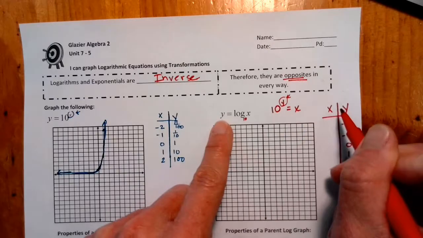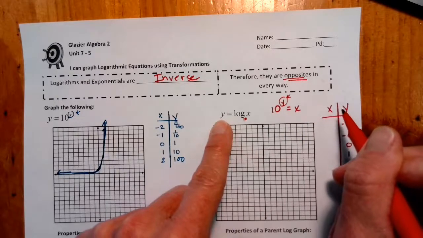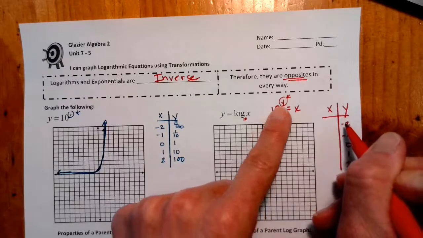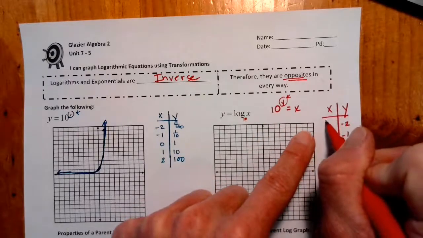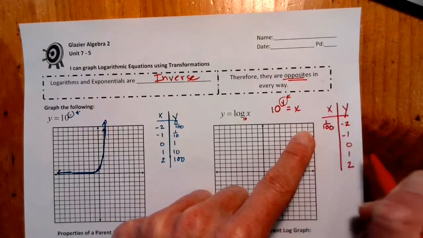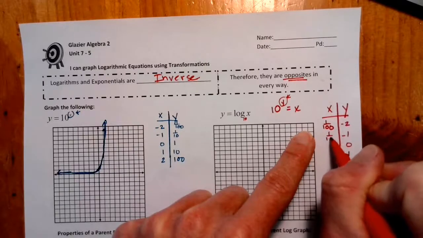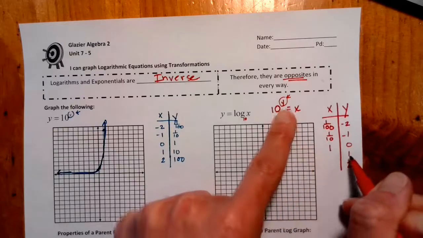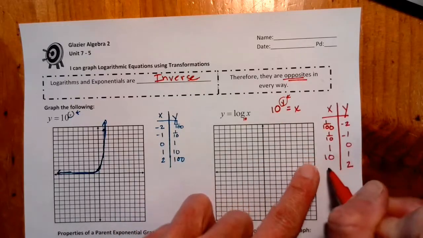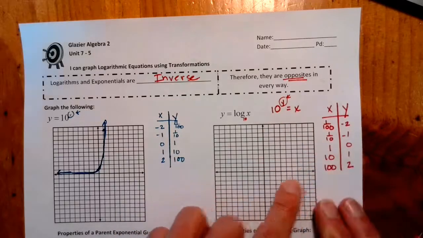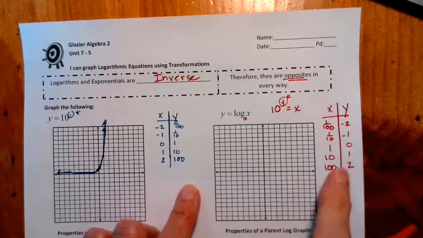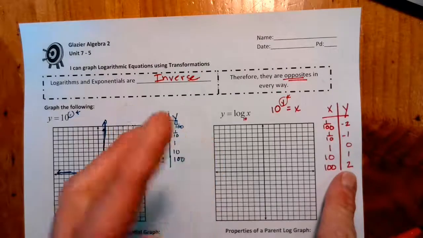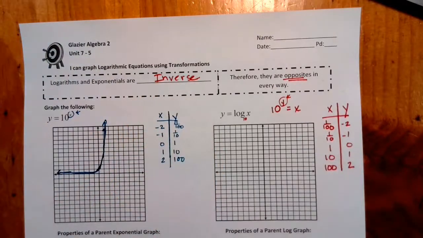This log equation has the exponent as the output. Okay, so if I put negative 2 in for y, that still gives me my fraction of 1/100th, 1/10. Anything to the 0 power is 1, 10 to the first power, and 10 squared. So as an inverse, we can see how the log and the exponential equation are the swaps of each other.